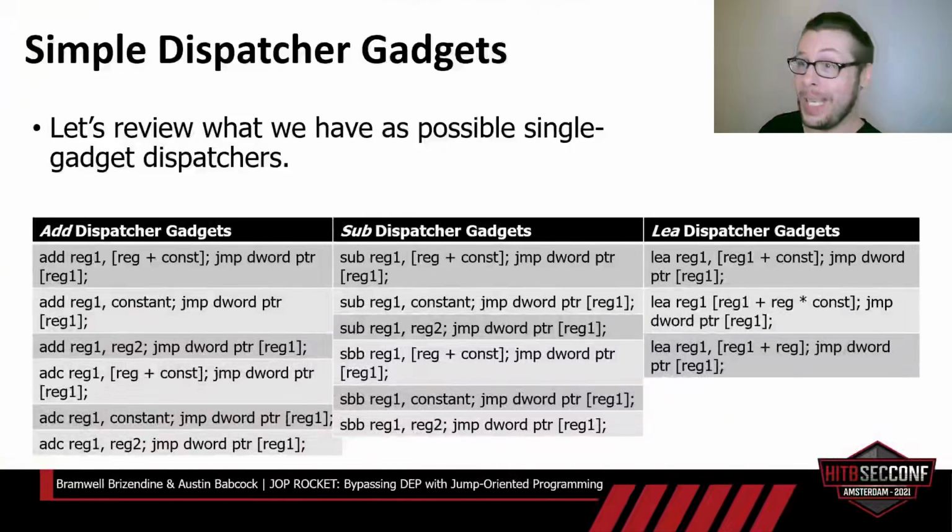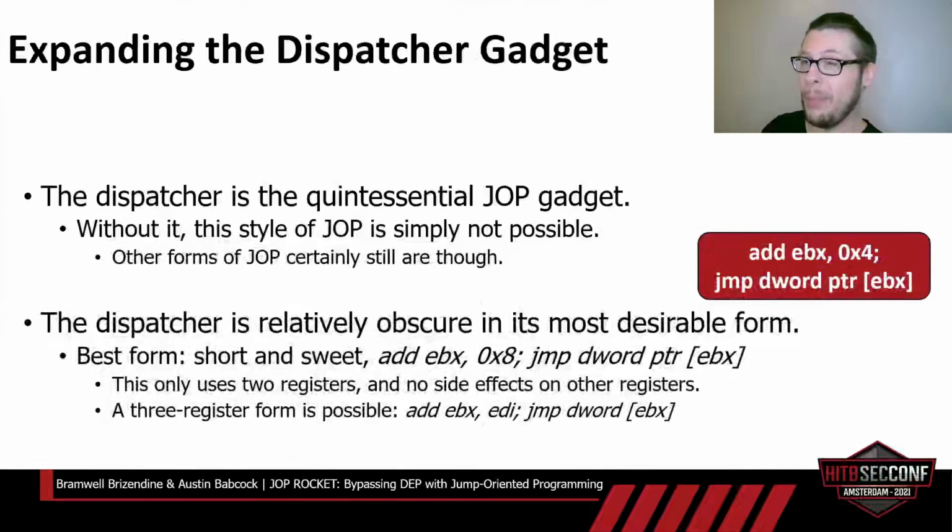So let's review the existing dispatcher gadgets. We have add, we have subtract, we have load effective address. At the heart of it, we're predictably modifying, say, adding to EBX a value like 4, and then we make a dereference jump to the same register, like EBX.